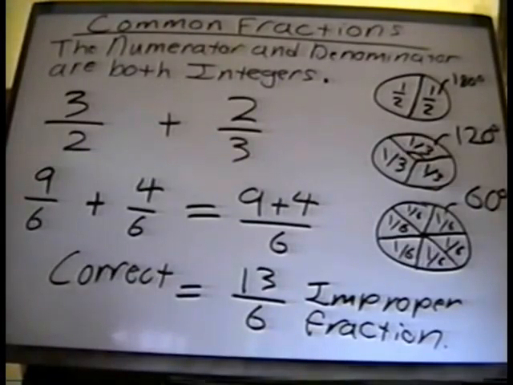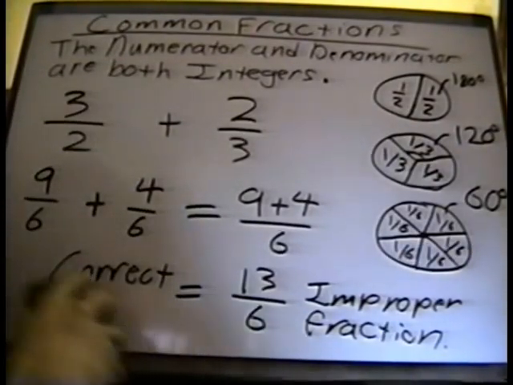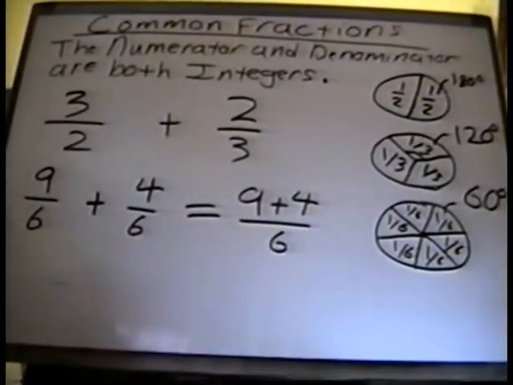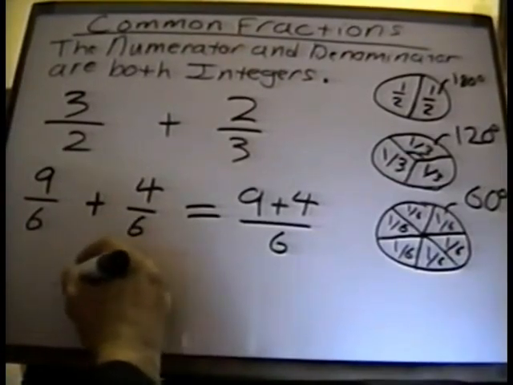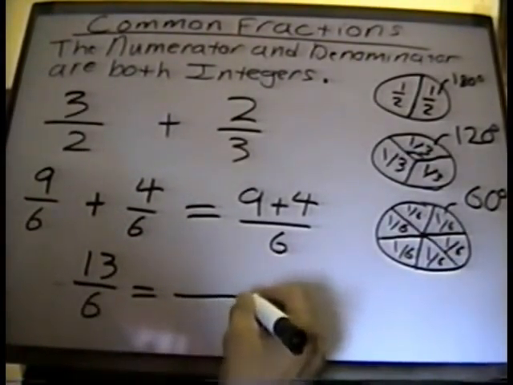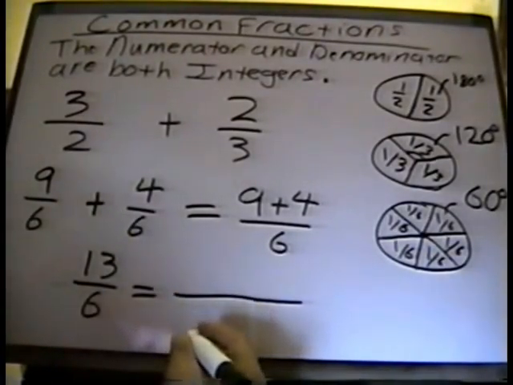Now, they may ask you to convert it into a proper fraction. Since the numerator is larger than the denominator, we're going to have to convert it into a mixed number fraction. You take 13 over 6.